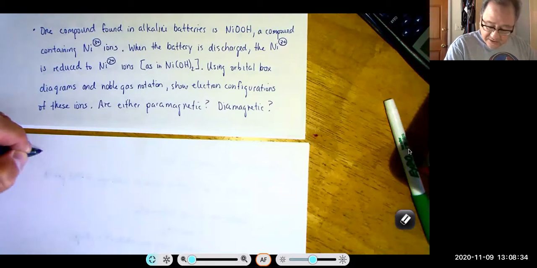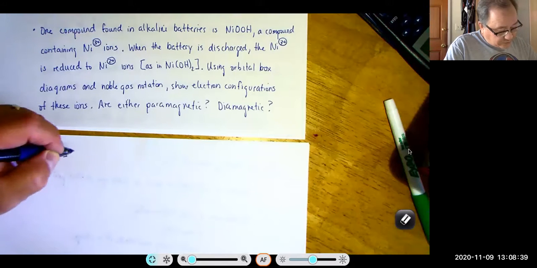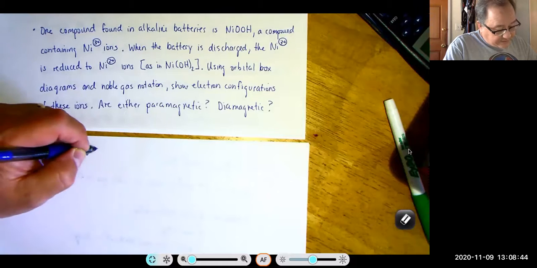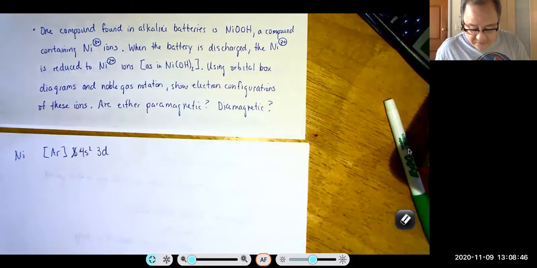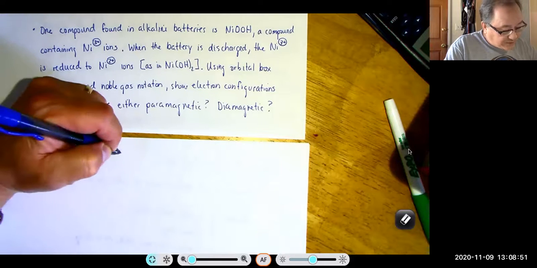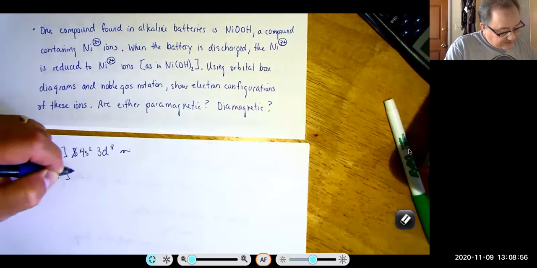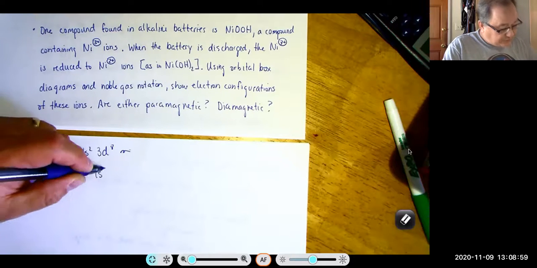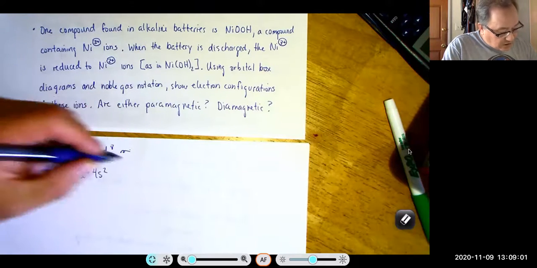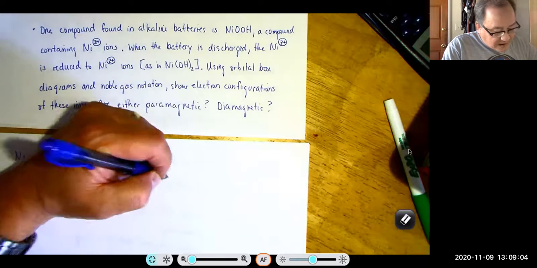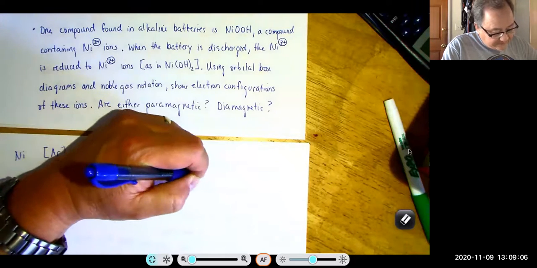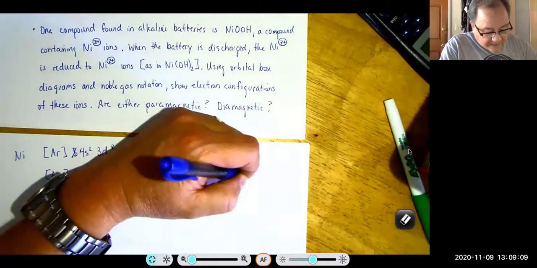Nickel is going to be argon, 4s2, 3d8, which rearranged becomes argon, 3d8, 4s2, which becomes argon, 5 orbitals for your 3d, 1 for the 4s.